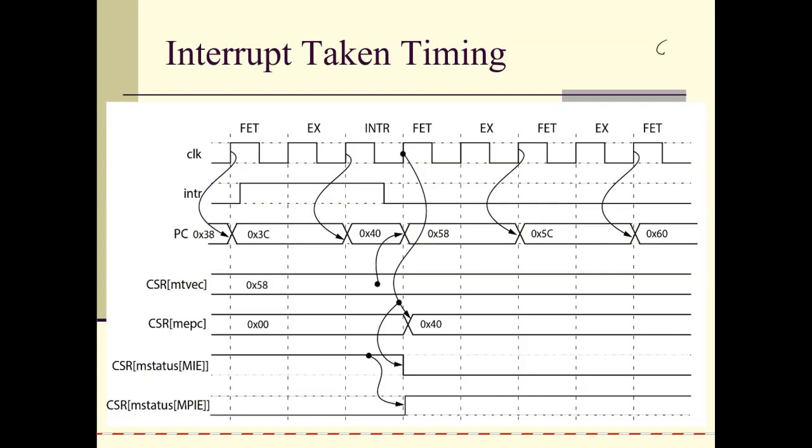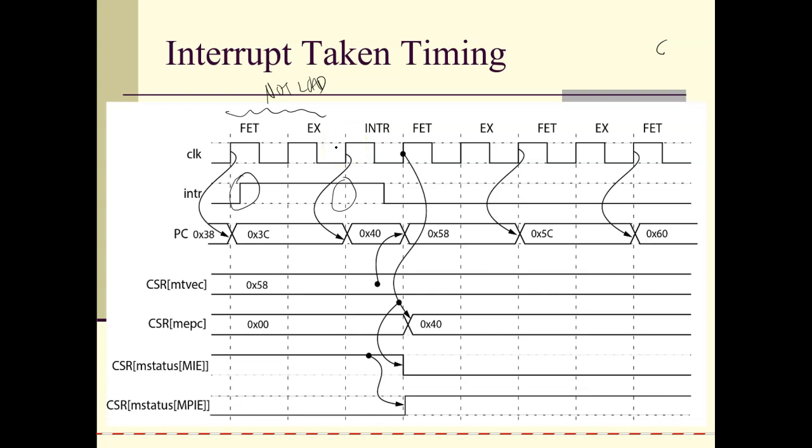So this is the interrupt taken timing, and so what we have here is an instruction, and this is not a load instruction because I don't see a write back state there. But the interrupt turns on right here, but it's really not acted on until the end of the execute cycle of this instruction, which is the last cycle of that particular instruction.